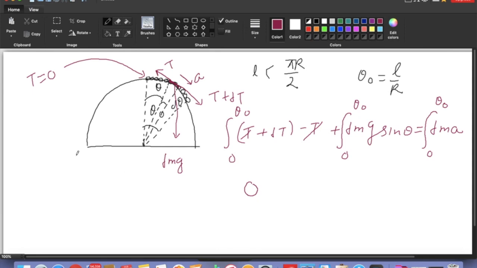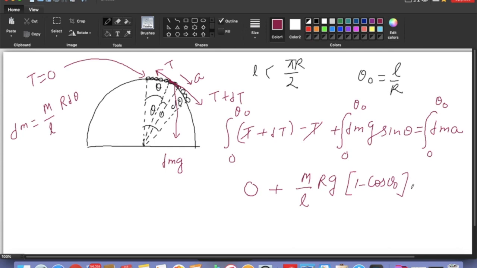For the second integration, I am going to write dm. dm is equal to m upon L into r d theta. So we just write down the value of dm, m upon L into r into d theta. d theta will go inside, and when I integrate it, I'll get 1 minus cos theta naught, because the integration of sine theta is minus cos theta.